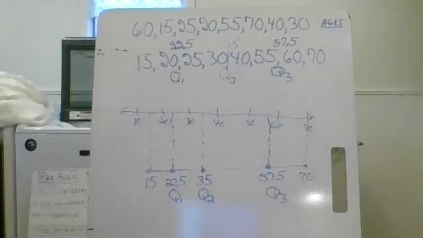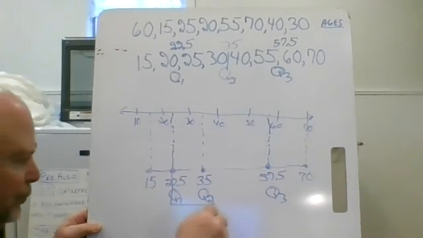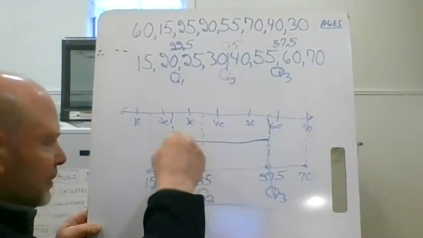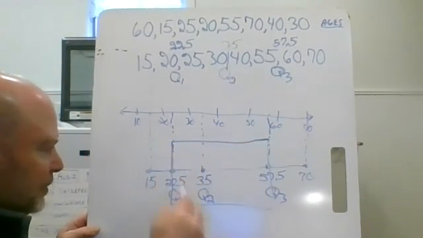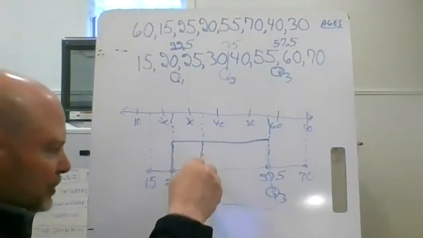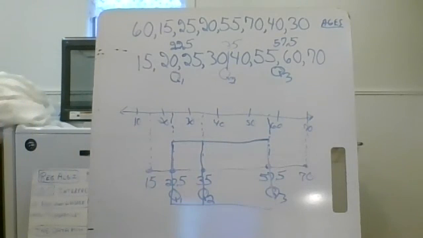That's Q sub 3. And now you go from Q sub 1, just draw it through, draw it over, up to here, and over to here. And there's your box. And then you draw a segment through Q sub 2. And now you've got your box and your whiskers.